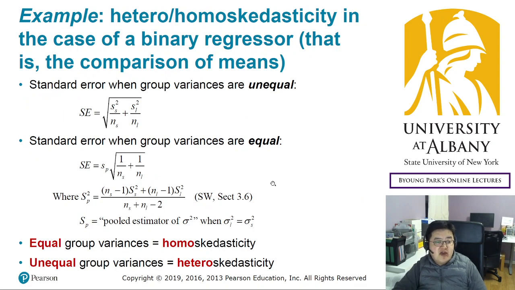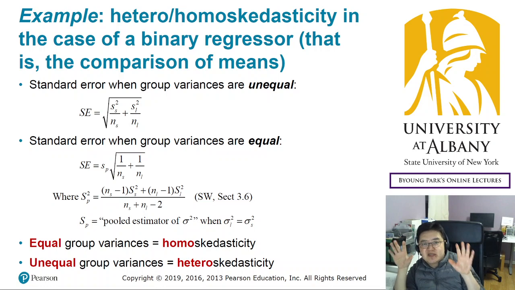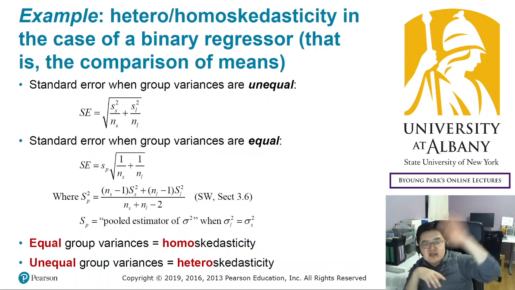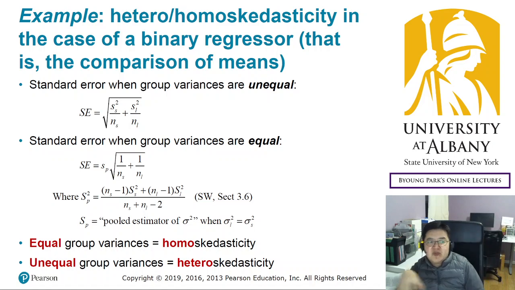So then, simply speaking, the problem is here. Think about the simplest possible case. Suppose that the class size is classified as either small or large. So there are only two possible class sizes, and heteroskedasticity means the variance from the small class size schools and the variance from the large class size schools are different.